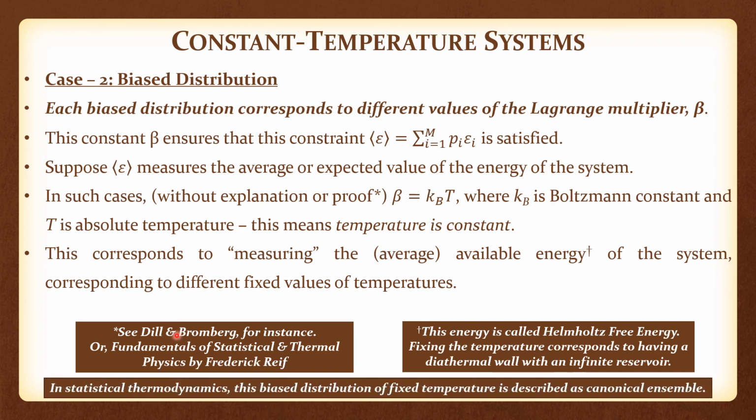So in statistical thermodynamics, again without any further details, this biased distribution of fixed temperature is described as the canonical ensemble. Now similarly, you could posit that I could construct such quote-unquote ensembles corresponding to where pressure is constant, corresponding to where chemical potential is constant, and I will measure different energies.